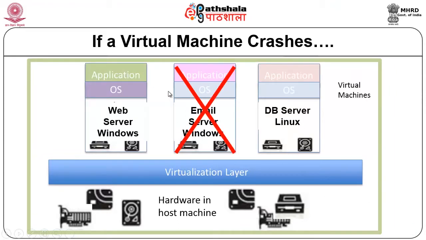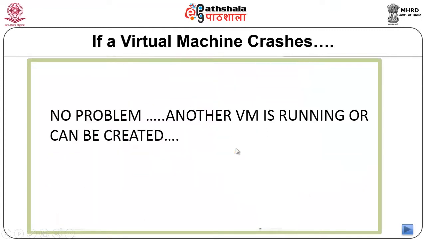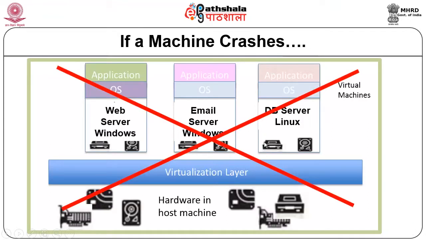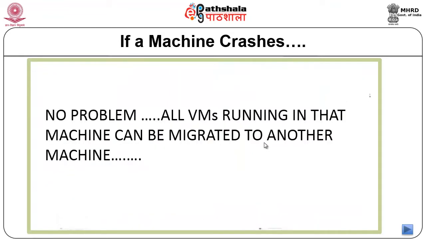Now, if a virtual machine crashes, we have no issues because we are running the same virtual machine of a certain application in other machines also. So, we can easily make good of that. If one full machine crashes along with all its virtual machines, there is no problem because the same virtual machines are running in other physical machines.